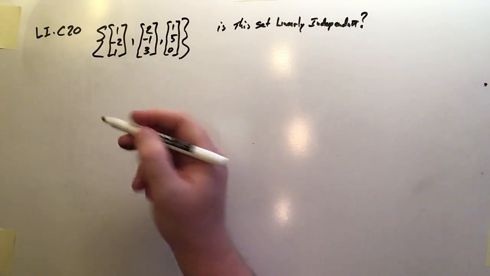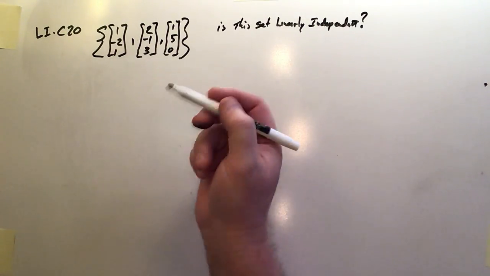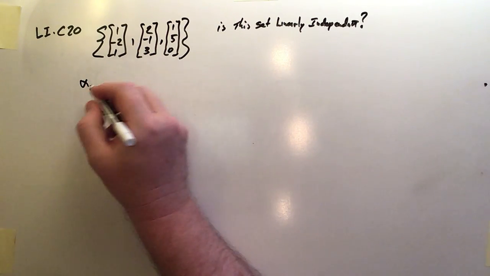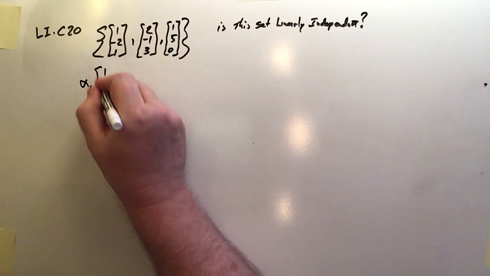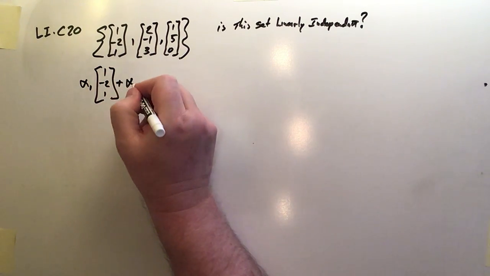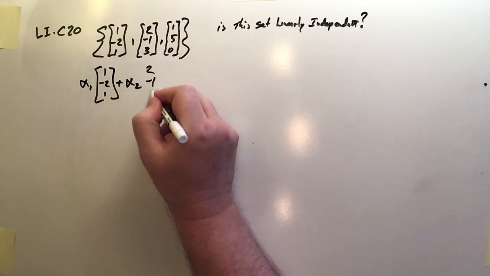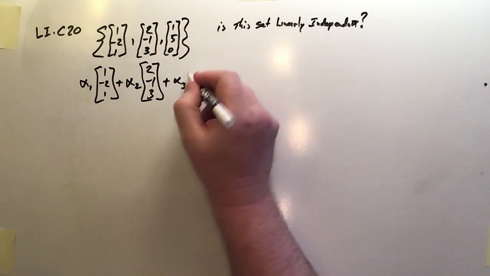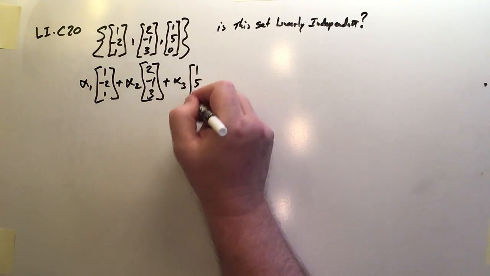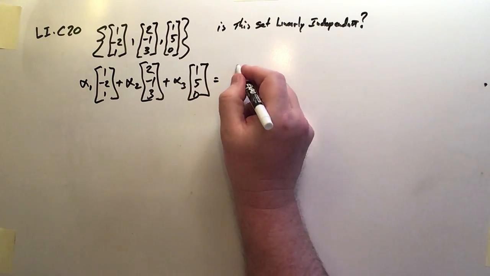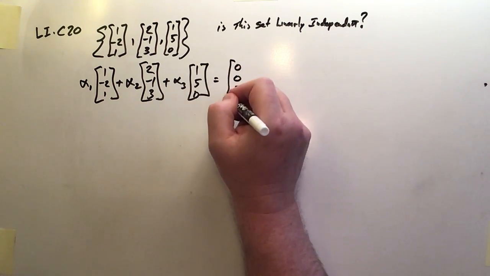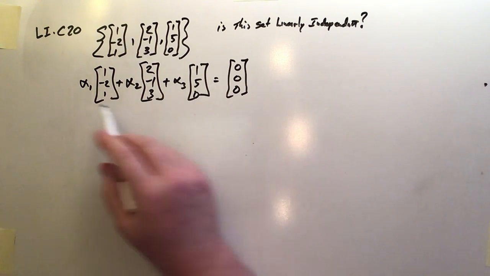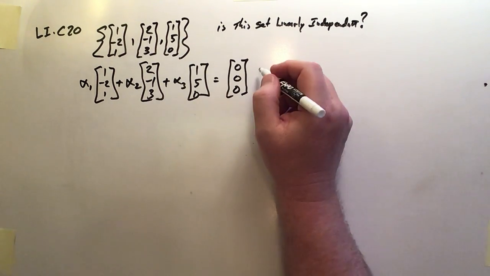So let's write down first what we're really doing, just to give you a chance to see this whole idea of linearly independent. So if I take alpha 1 times (1, negative 2, 1), plus alpha 2 times (2, negative 1, 3), plus alpha 3 times (1, 5, 0), and I set that equal to the zero vector, then this system can only have the solution for alpha 1, alpha 2, and alpha 3 of 0.